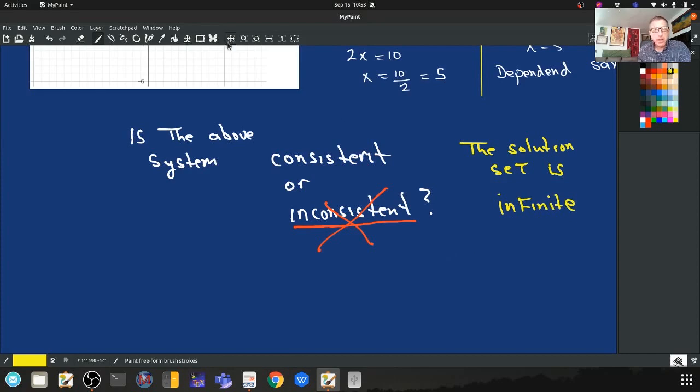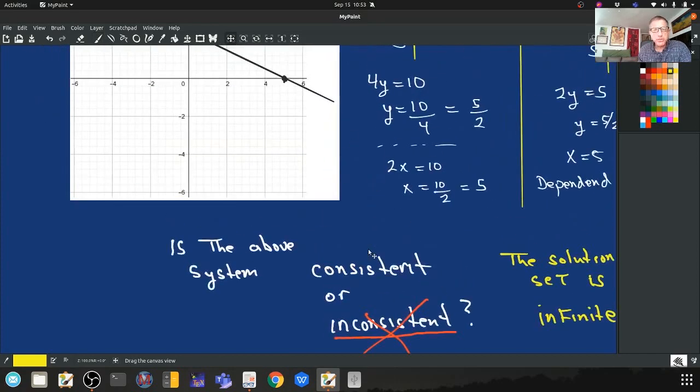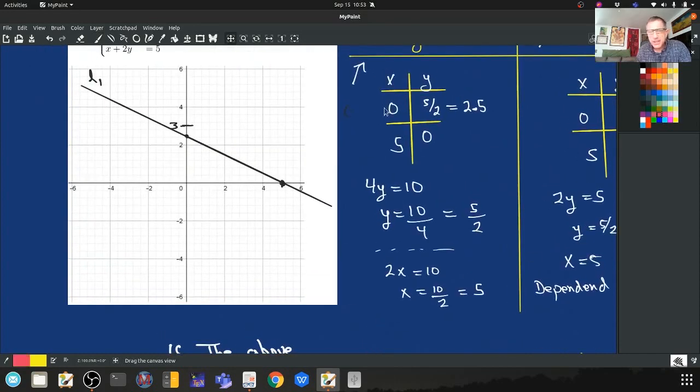And what are those infinite ordered pair solutions? Remember, the two lines are exactly the same, so any point on line 1 is also a point on line 2. So I just drew about 5 or 6 right there, points that are in the solution set. And clearly the entire graph of the line L1 is the graph of all of those points, and that contains an infinite number of points.